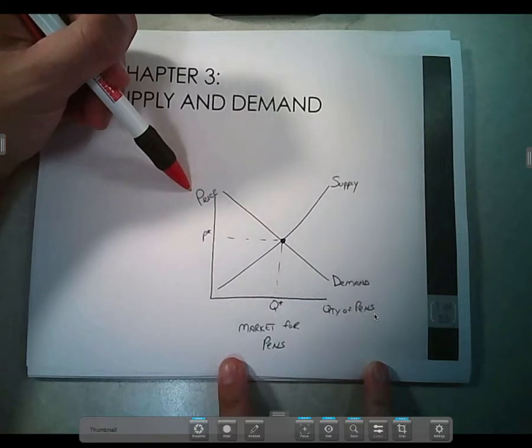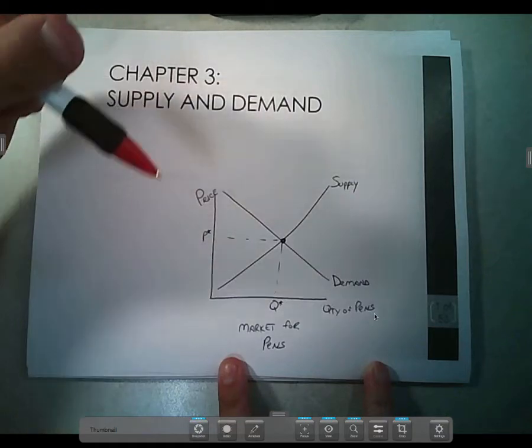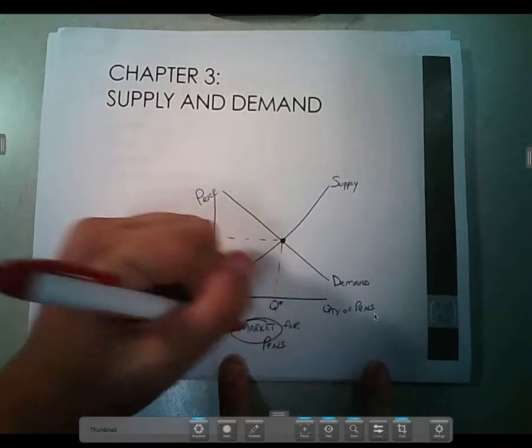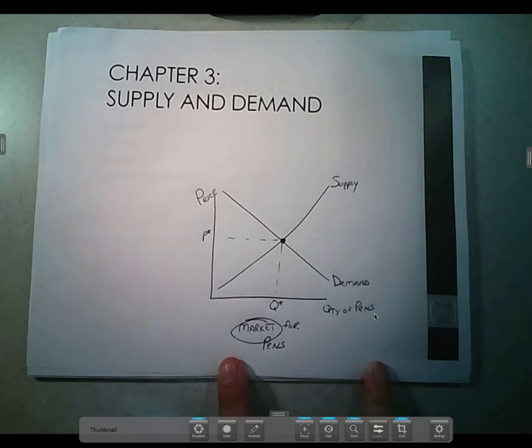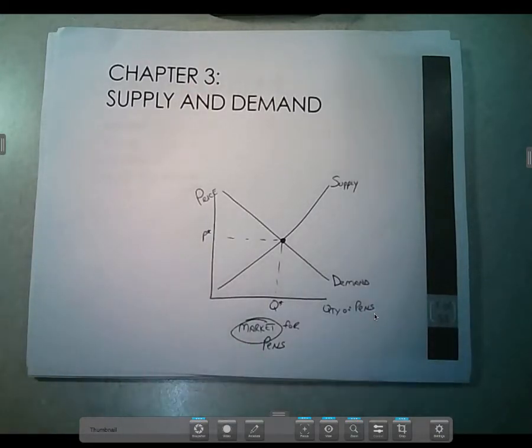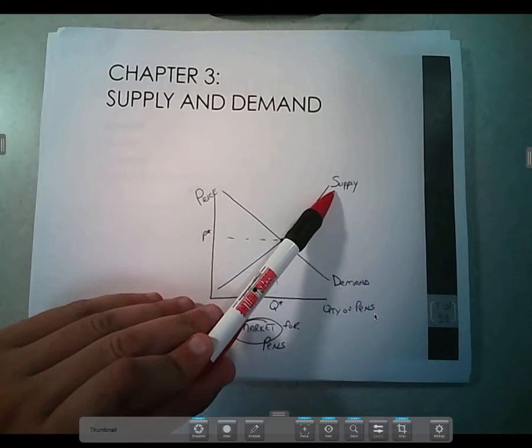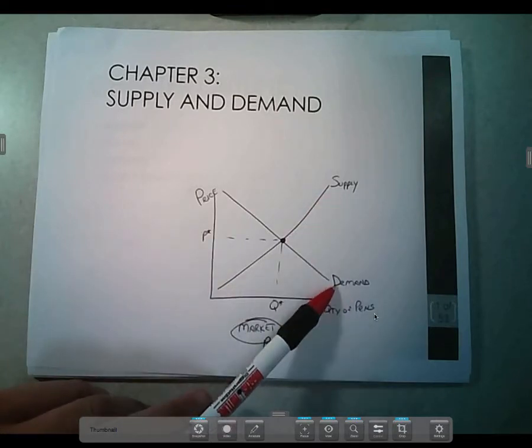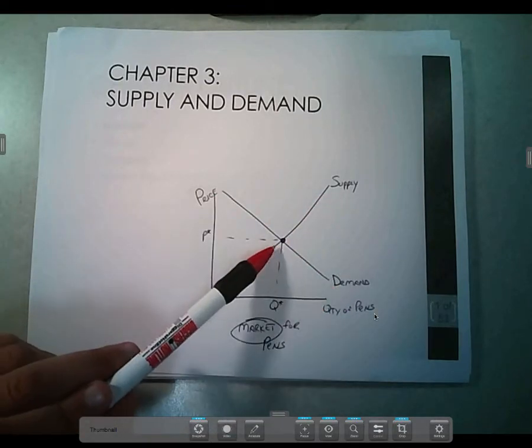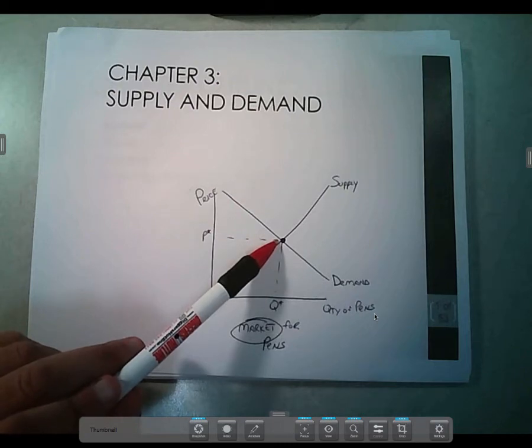The reason I'm showing it to you right now, though, is so that you understand why we are doing it. Well, the first reason would be, as we said in chapter 1, economists really love markets. And this is the way that economists graphically understand how markets exist. The reason they are important is because producers doing what they want and consumers doing what they want end up coming to some sort of agreement.